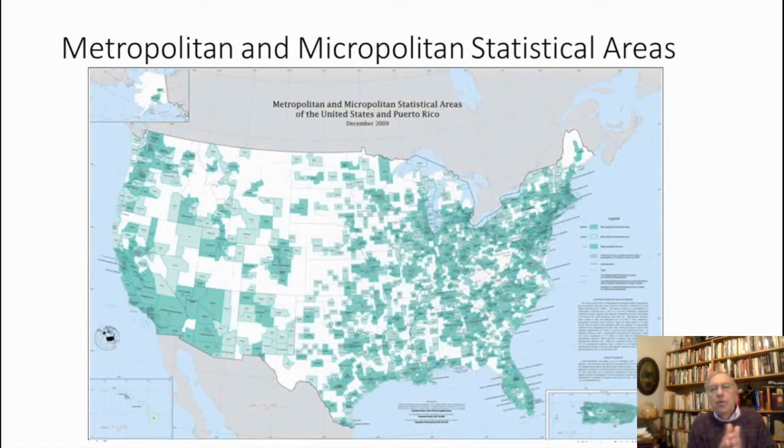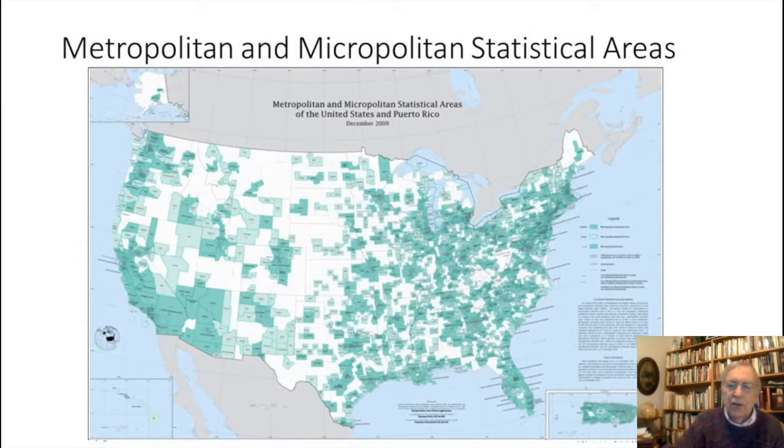But it makes sense, because no matter where you live in the United States, you're within commuting distance of a center that is at least that size. Everybody has, say, within an hour, pretty much access to a hospital and a shopping mall and so on. That would be in an urban area.